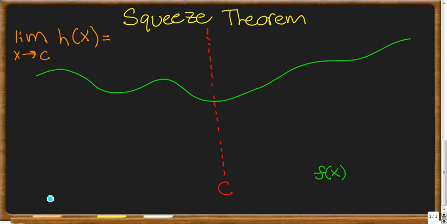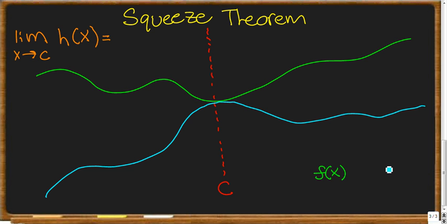Now g is a function that is always lower than f. It can be equal to, but it's always lower than f. So this is g, and this is f. Okay, so this is a true statement.